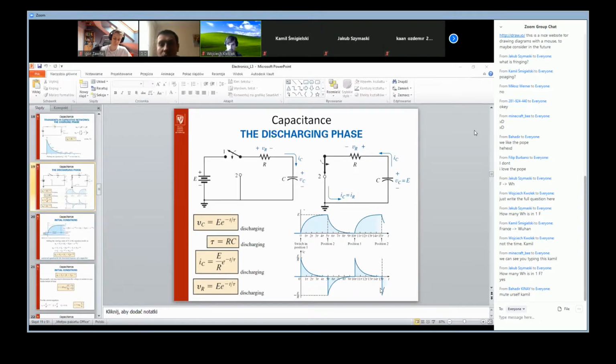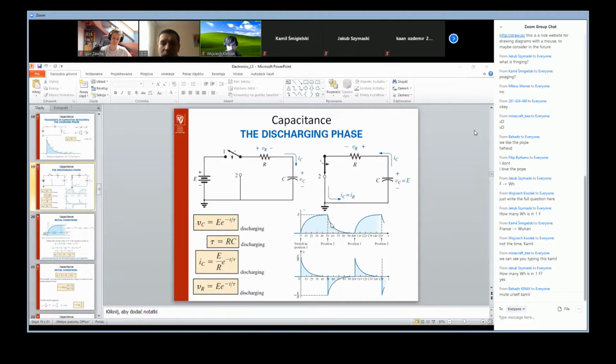Okay, so what about the voltage drop on the capacitor in this case? When the capacitor was full, I mean it collected the maximum charge, it has the maximum voltage drop equal to E. When we put the switch in the second position, we'll observe what?